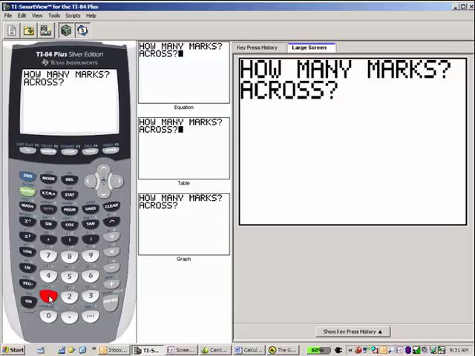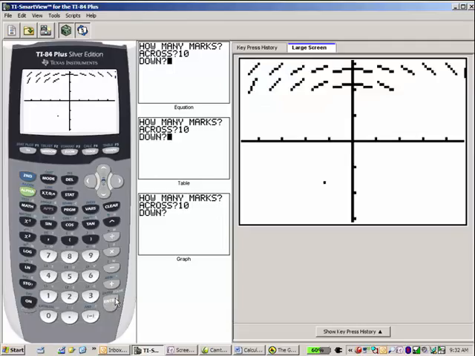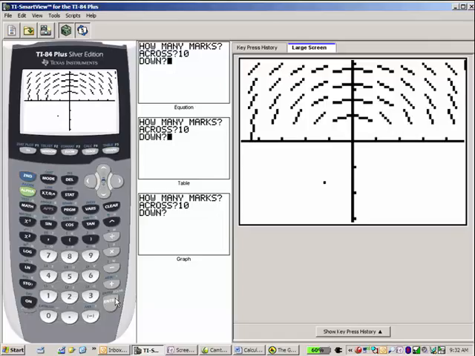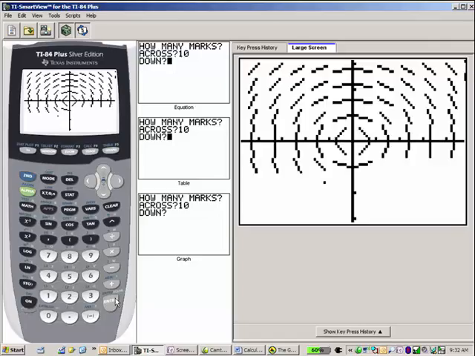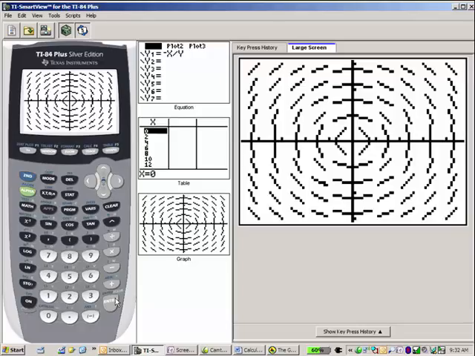I usually pick like 10 for going across and 10 for going down. And that usually works. Sometimes I have to go back and fix it. And it now will take that equation that you had and it will draw all the little slope fields. And so that's what the picture ends up looking like.